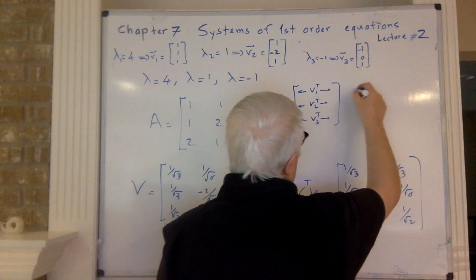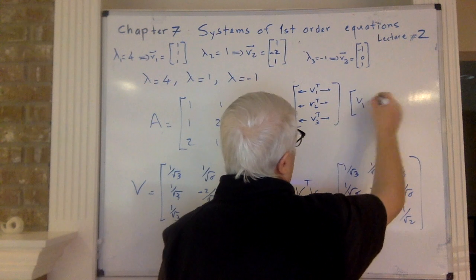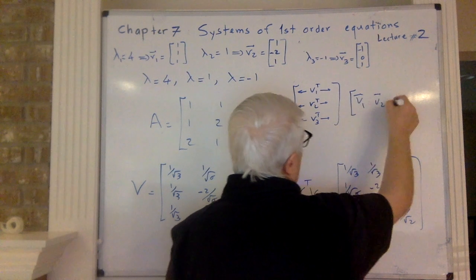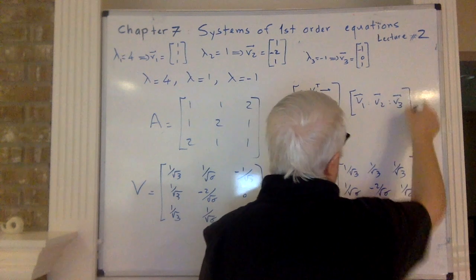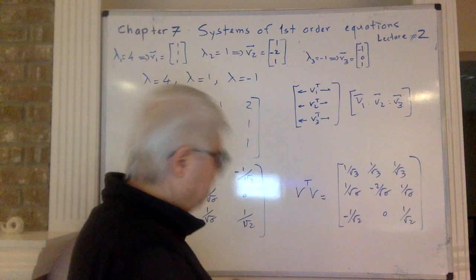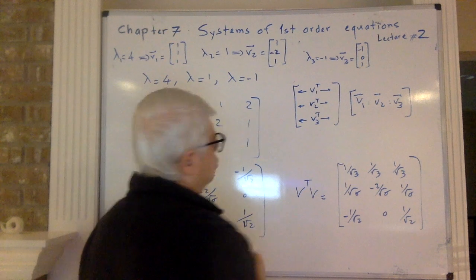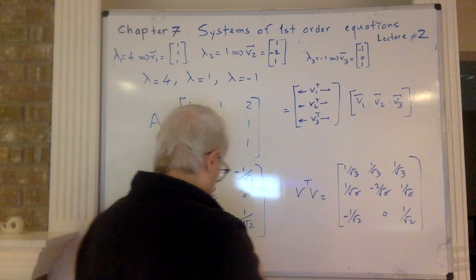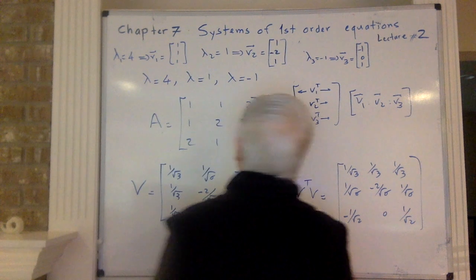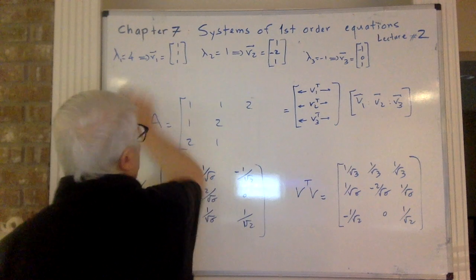And it is multiplied by V1, V2, and V3. Right? Okay? So it's like this. When I multiply V transpose V, it gives me this. Let me erase these extra terms here.